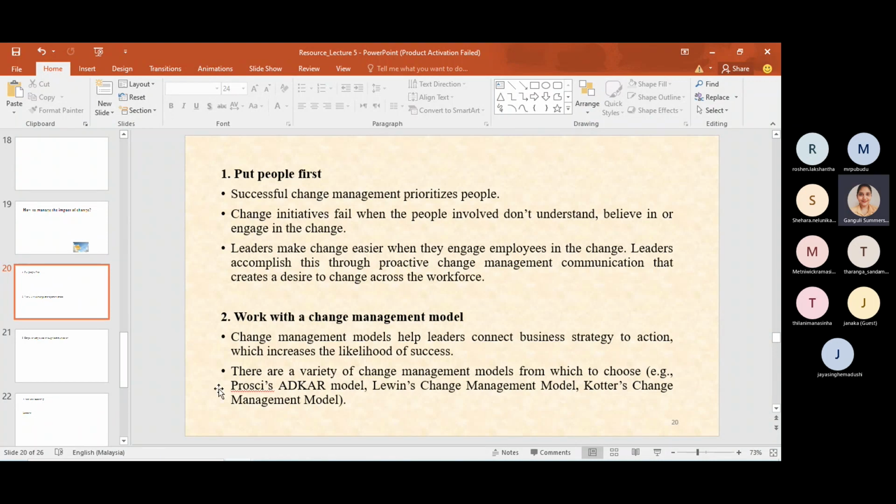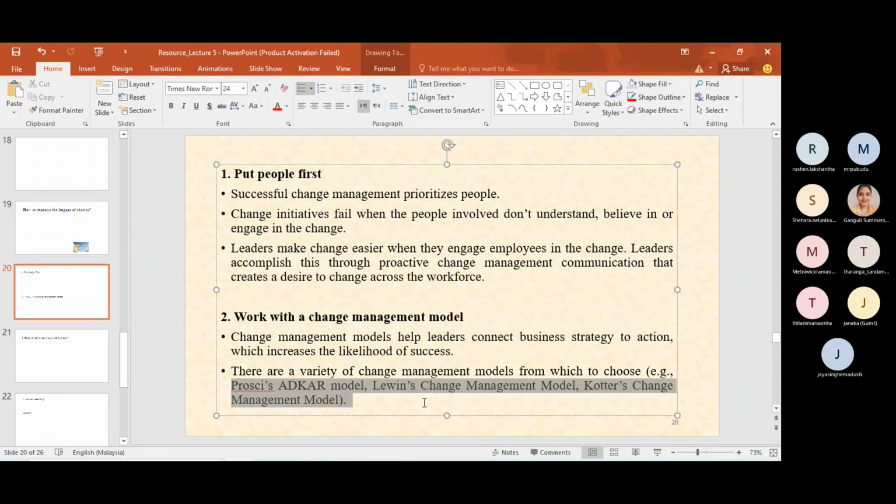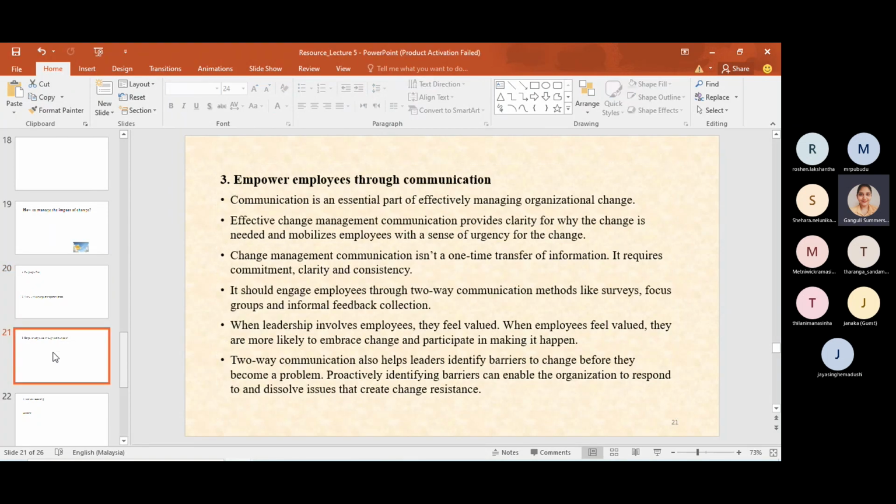You can see some examples here: Prosci's model, Lewin's change management model, Kotter's change management model. These models are suggested by different people, and you can work with this kind of model in order to manage the impact of changes.